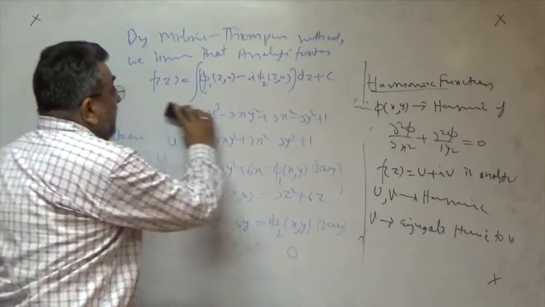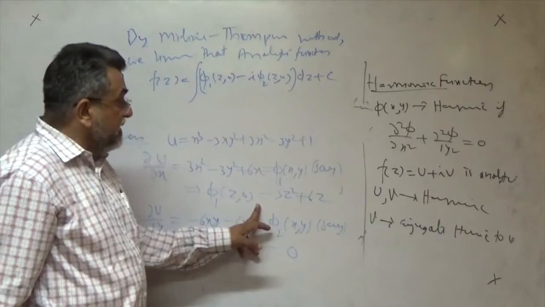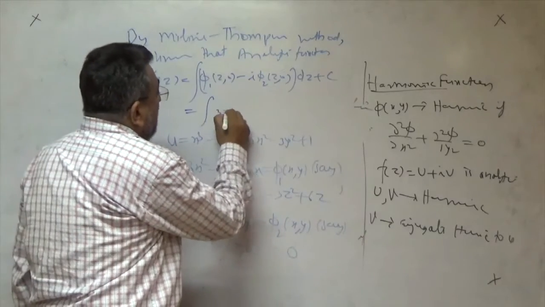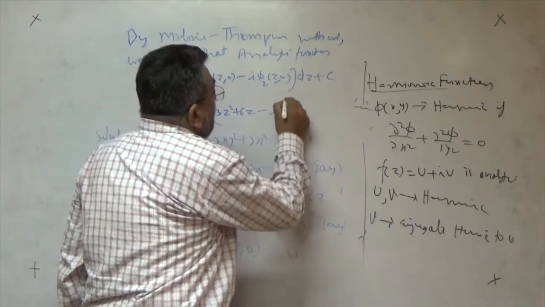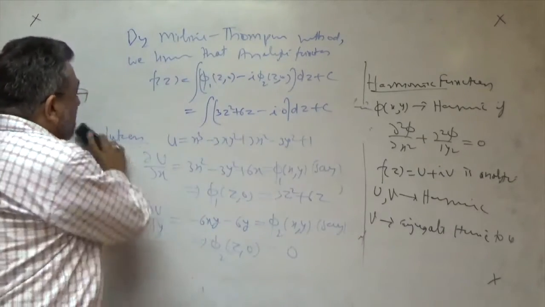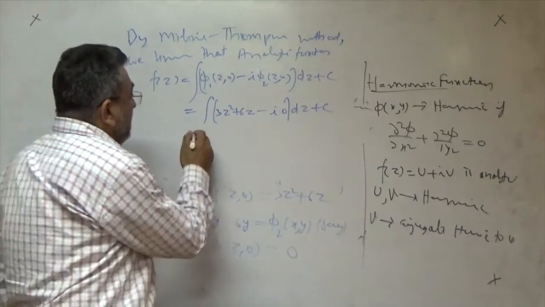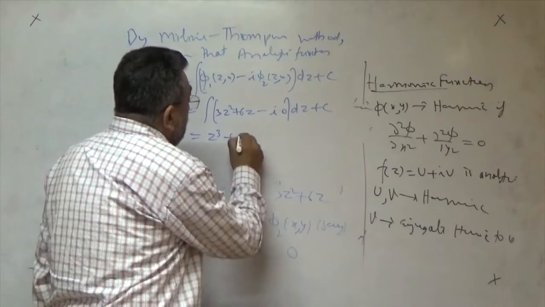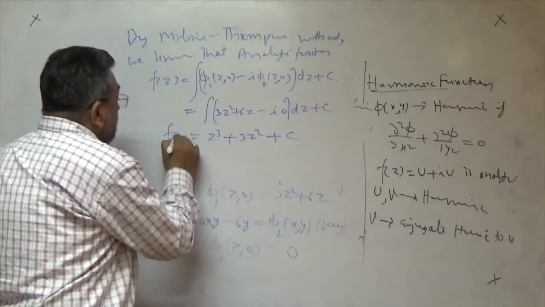Now here you substitute the values of phi 1 of (z, 0) and phi 2 of (z, 0), which you have already calculated. This is under the integral sign. This is 3z square plus 6z, and this is i into 0, dz plus c. Simply calculate these values, and now integrate the right hand side with respect to z. This is z cube upon 3, 3 is cancelled out. This is z square by 2, 2 is cancelled out, z square. This is 0 plus c. This is your answer.